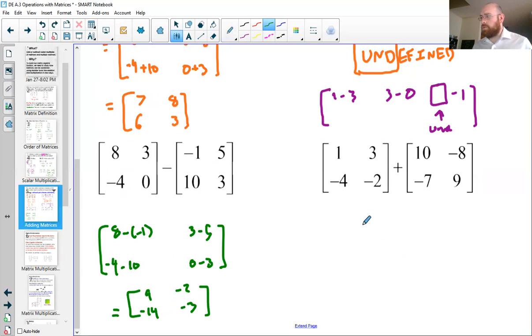Over here, we're adding so we can be a little bit more reliant upon mental math. So 1 plus 10 is 11. 3 plus -8 is -5. -4 plus -7 is -11. And -2 plus 9 would be 7.